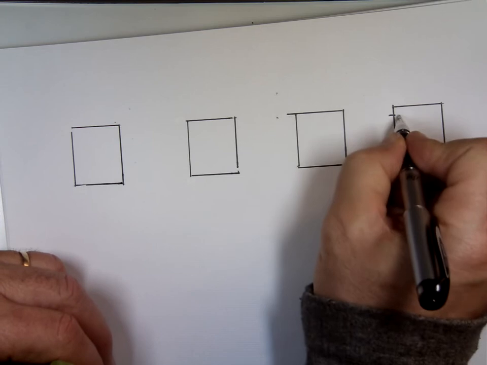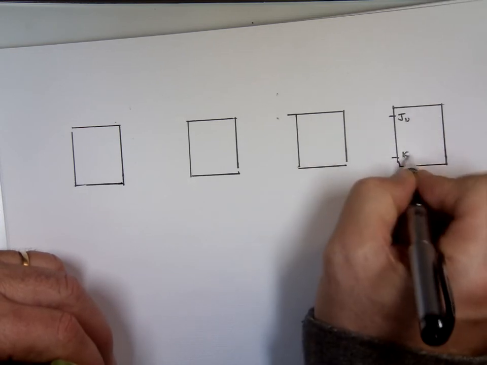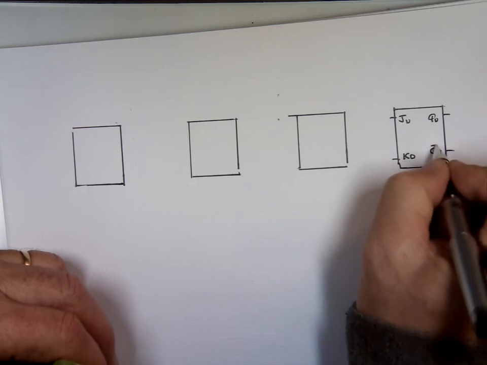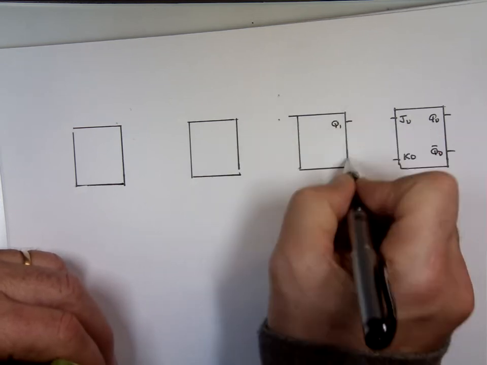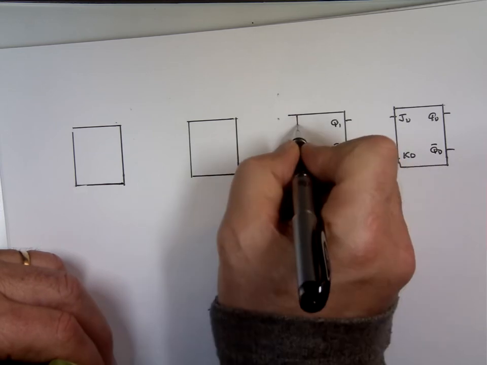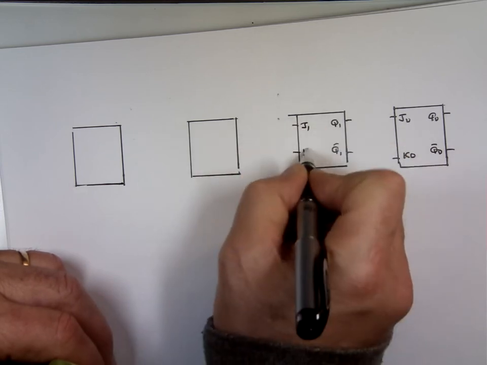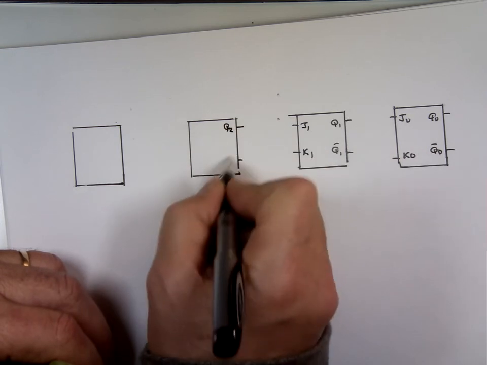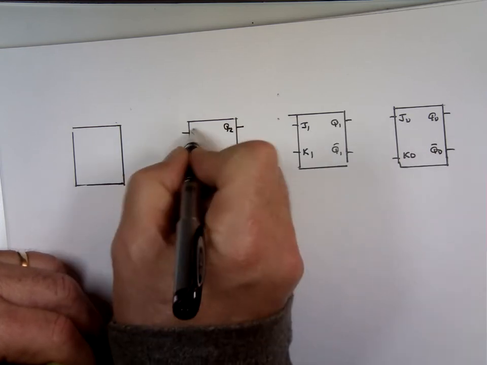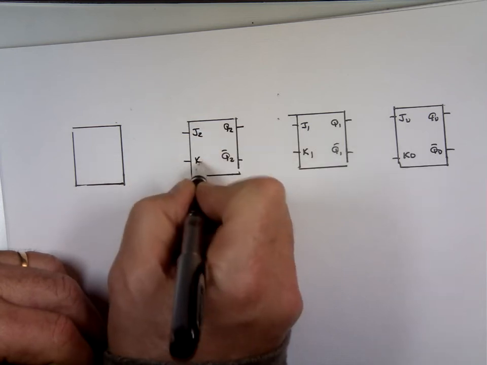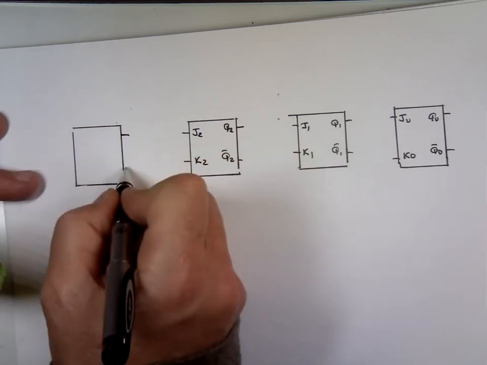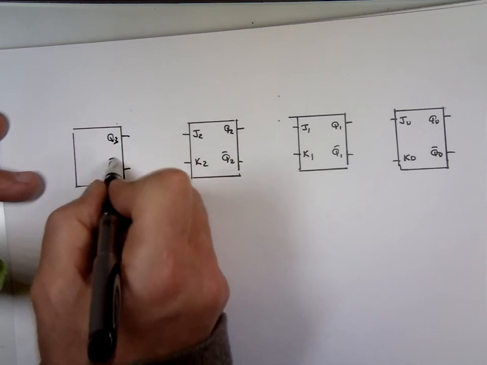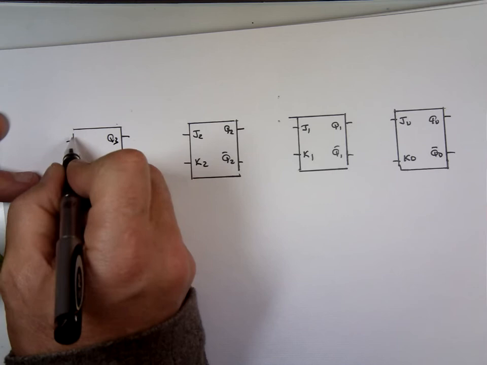J0, K0, Q0, Q0 not, Q1, Q1 not, J1, K1, Q2, Q2 not, J2, K2, and what? Q3, Q3 not, J3, K3.